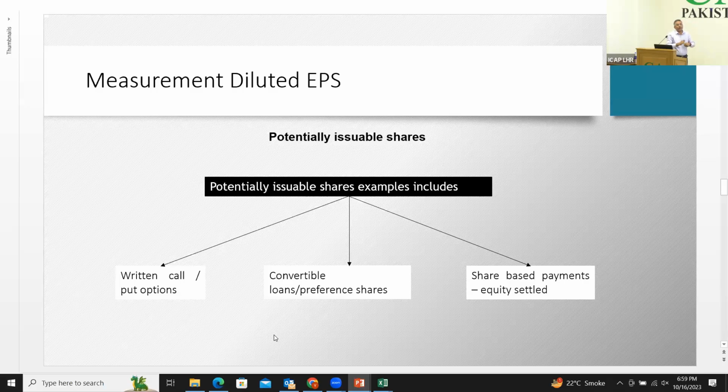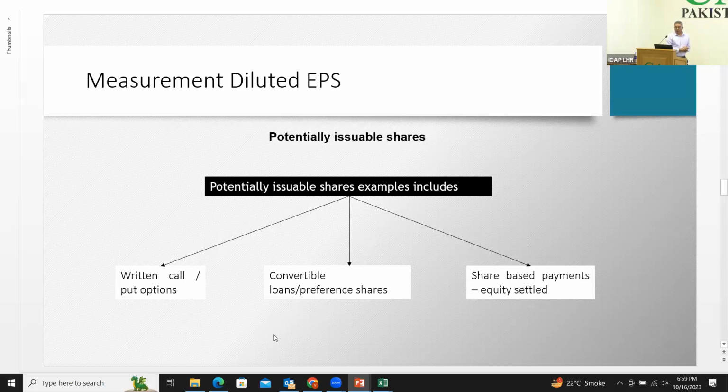So only written call options and written put options can be dilutive. In case of a written call, that is when the market value is more than the exercise price, and in case of a put, when the exercise price is more than the market value. So it's very important that written call and put options can only be considered when they are dilutive in nature.